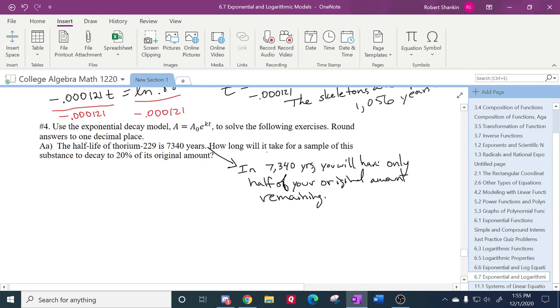All right. How long will it take for a sample of this to decay to 20% of its original amount? All right, so we're going to start with the general modeling equation, whenever we know that has exponential growth or decay.